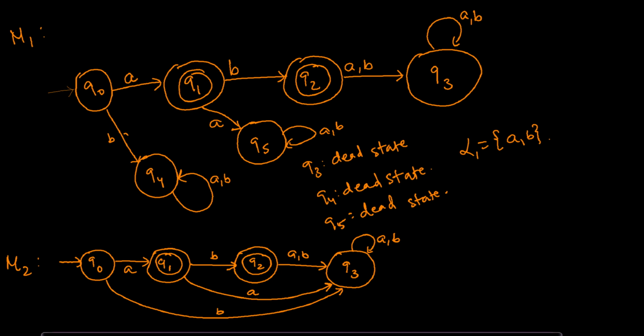So Q4 and Q5 are not in M2. Actually in M1, Q3, Q4, Q5 all were dead states. So what we did in M2 is, instead of having 3 dead states, we have only 1 dead state. None of these, Q3, Q4 or Q5, are unreachable states.